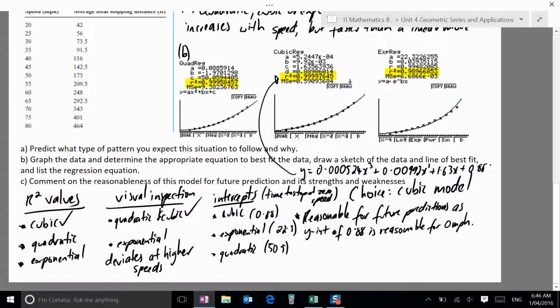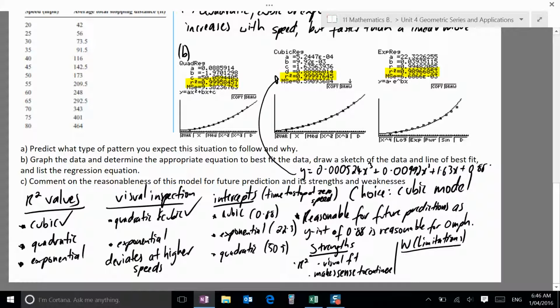Okay, in terms of strengths and weaknesses, weaknesses is normally limitations. Strengths: good R-squared value, visual fit, and makes sense to continue.